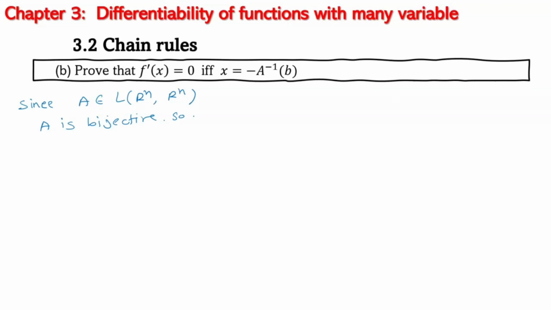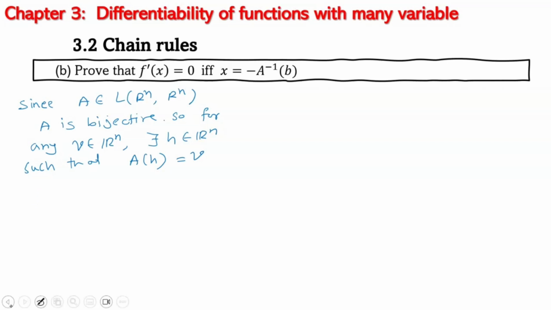So for any v belonging to Rn, there exists h belonging to Rn such that ah is equal to v.